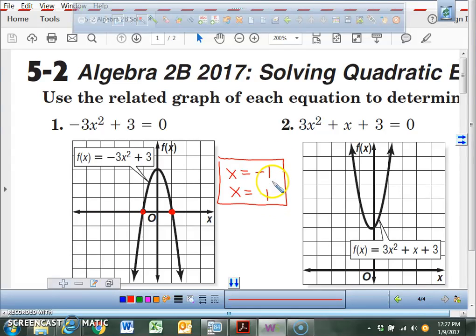Those are 2 answers. I want you guys to write this as a solution set. So right here, for problem number 1, I want you to write solution set, and you can put this over into your journal. You actually have to have these set brackets. You're going to say one of the solutions is at -1, and one of the solutions is at +1.